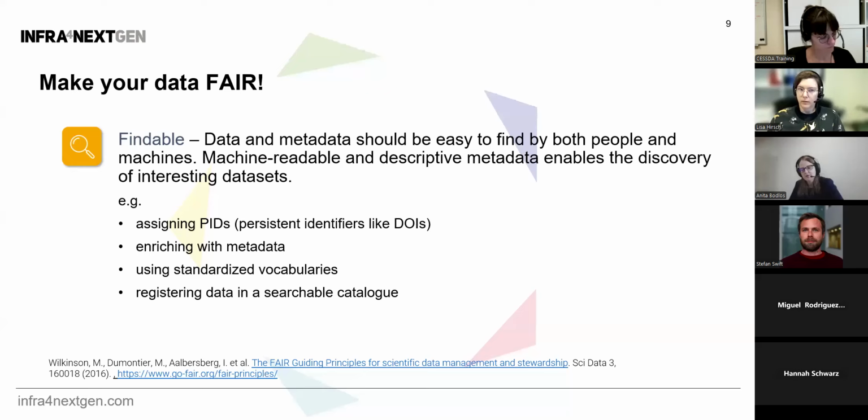And if you choose a repository that allows for this possibility, you allow for an easier findability of your data. The OpenAIRE data catalog would be another of these metadata catalogs that contain metadata of many archives.